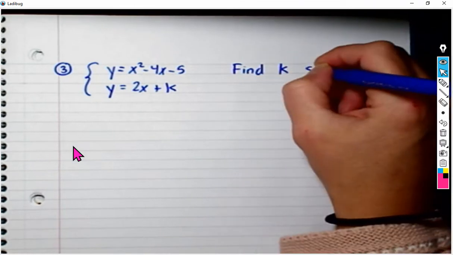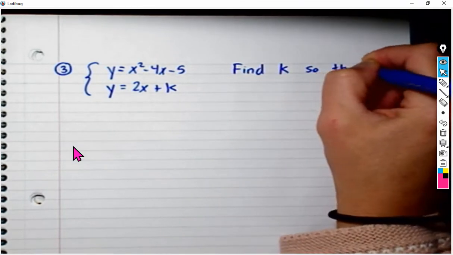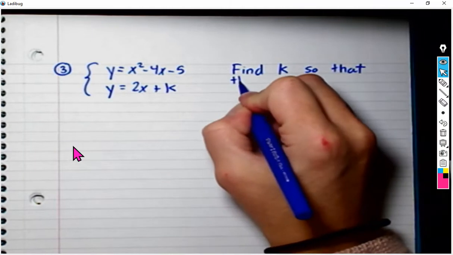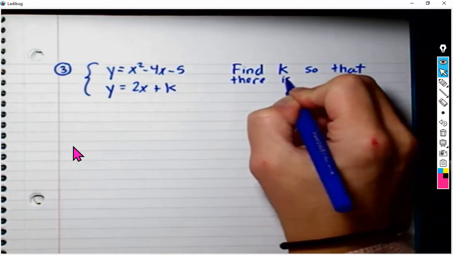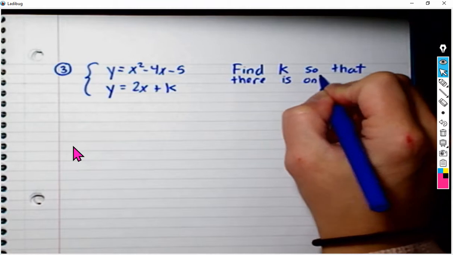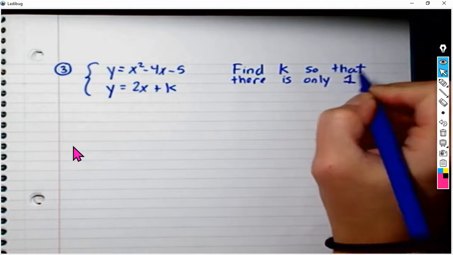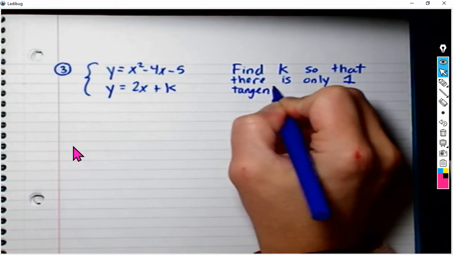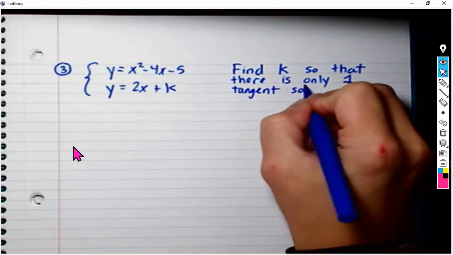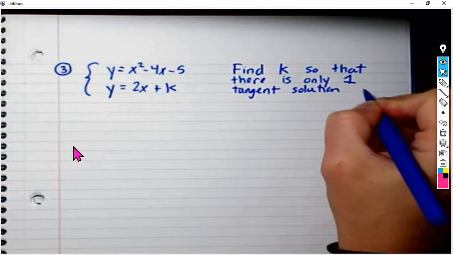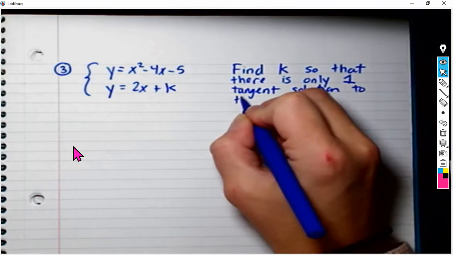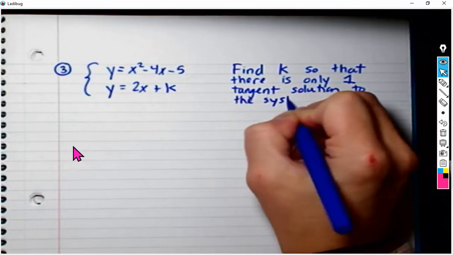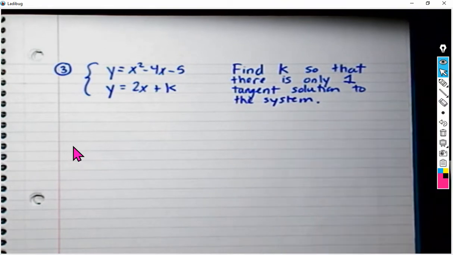Find k so that there is only one tangent solution to the system. Okay, one tangent solution.